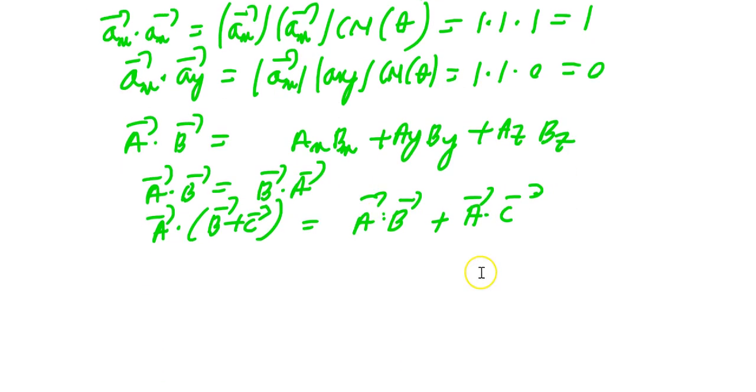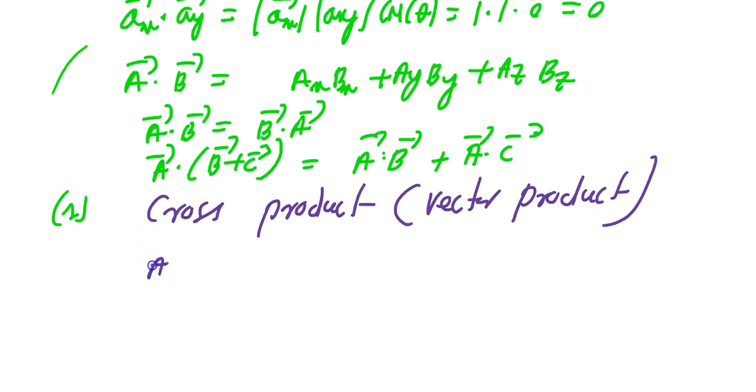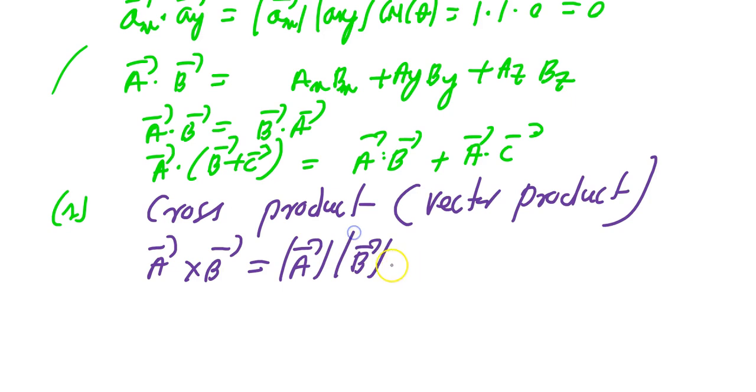Now we'll move to the cross product or vector product. So A cross B is the magnitude of A, magnitude of B, then sine theta AB, that is the acute angle between them, sine of that, then AN.